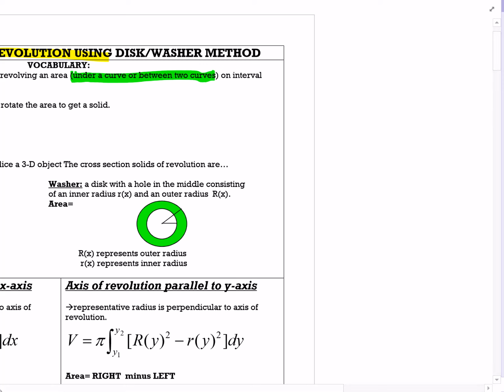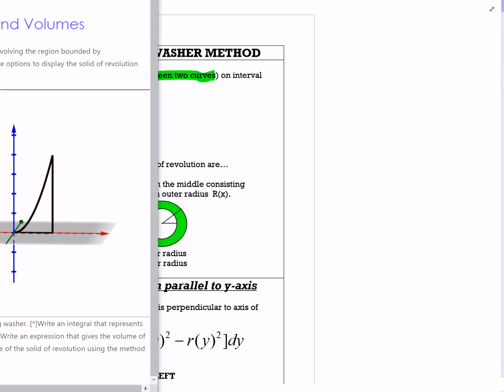Let me just show you with a better visual here. Let's pretend we have this shape and we're going to rotate it around the y-axis. Watch as the shape gets rotated around that axis and comes back to its original spot.